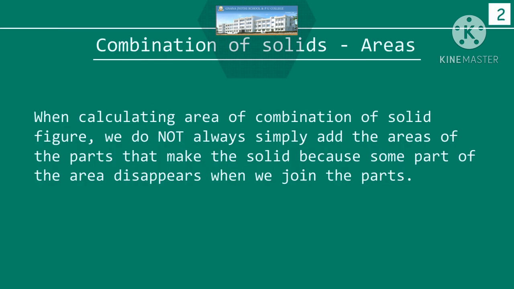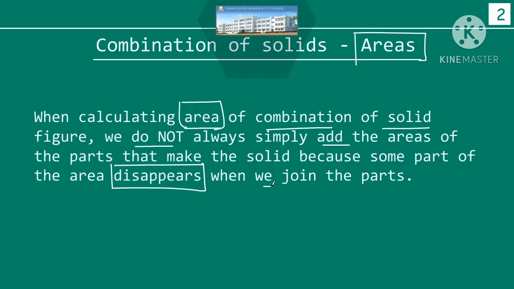One very important thing that you would want to keep in mind, especially when we are talking about areas and surface areas, is that when calculating area of combination of solid figures, this is important. This is true only when we are focusing on calculating areas, not volumes. When calculating areas of combination of solid figures, we do not always simply add the areas of individual parts that make up the solid. Why? Because some parts of the area may disappear when we join the parts.